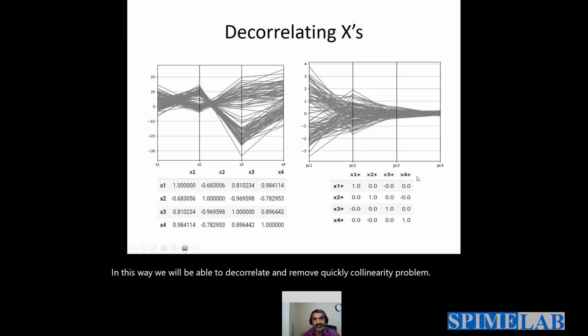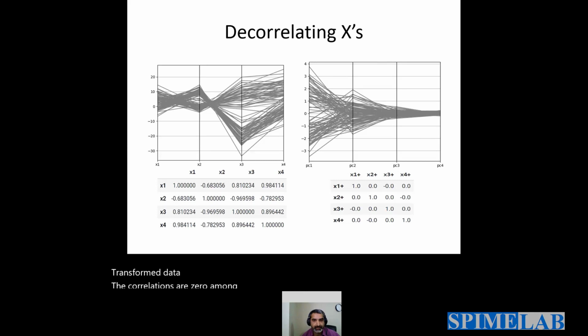Just look at the correlation matrix. For the original data, we have this, if you remember, very high correlation numbers. But for the transformed data, the correlations are zero among the variables. X1 is not correlated with X2 and X3 and X4 now.